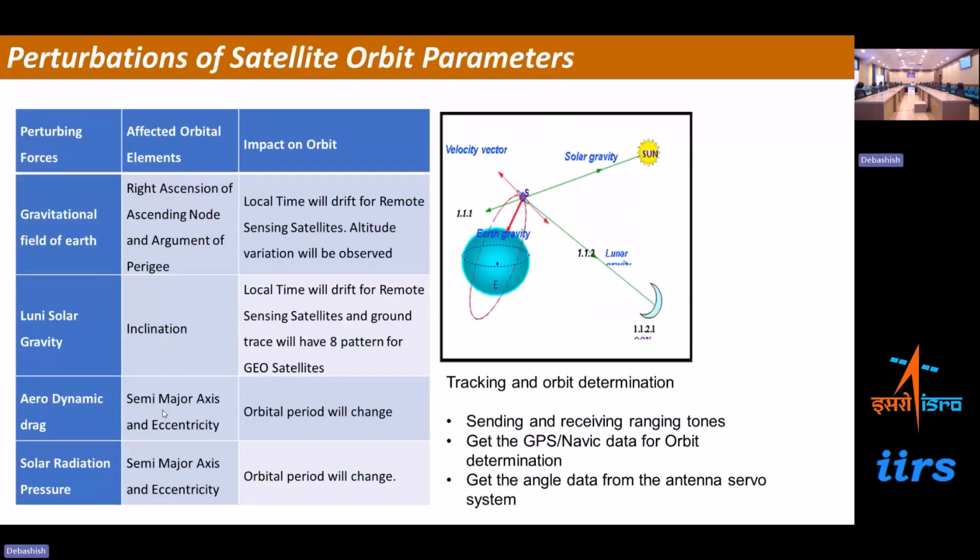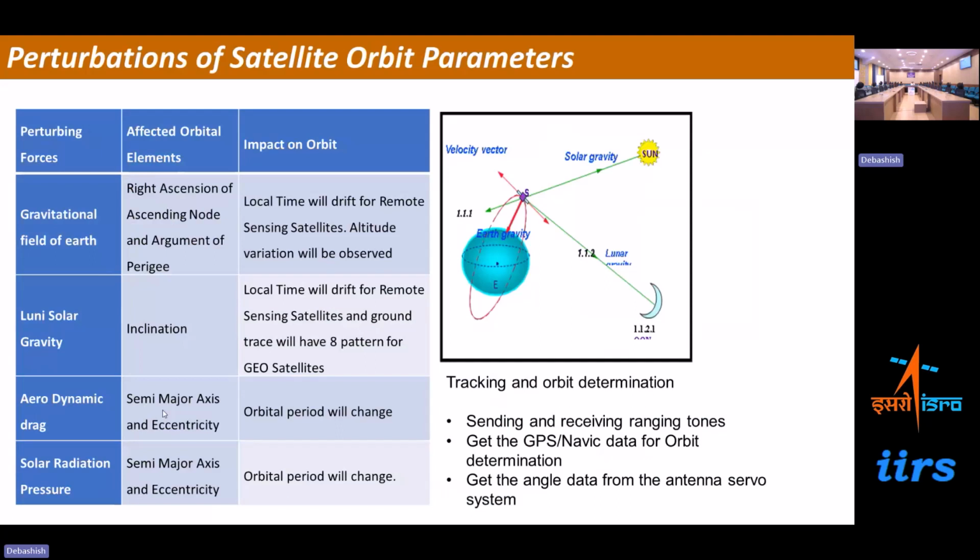This is to tell the perturbation forces on the satellite. These are the main forces which will act on our satellite, and orbit decay will happen. One is the lunisolar attraction. Then there is the solar gravity, the gravitational field of the Earth, aerodynamic drag, and solar radiation pressure.